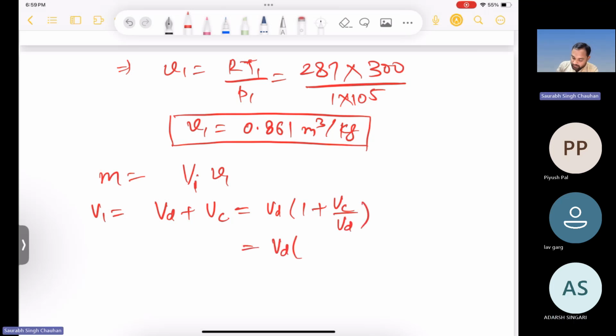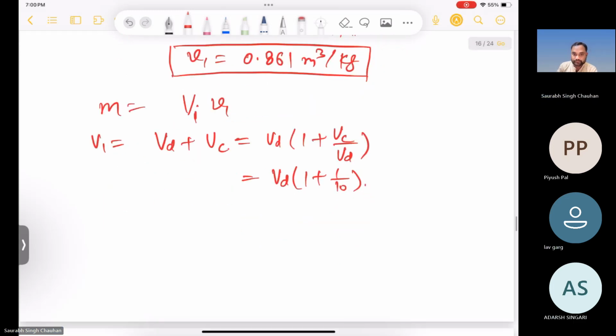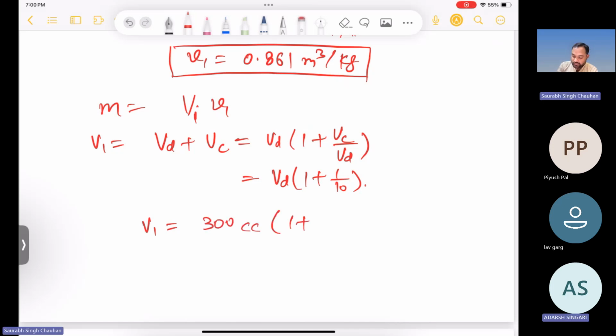VC by VD is just the reciprocal of your compression ratio, which is 1 by 10. So V1 will come out to be the displacement volume, 300 cc, times (1 plus 1 by 10).